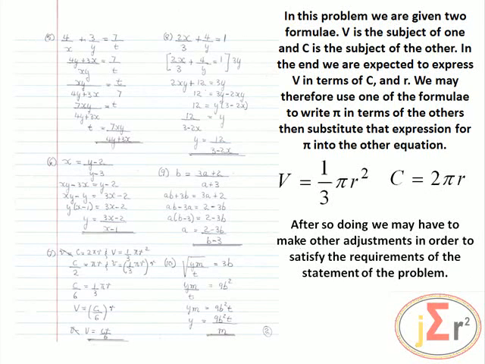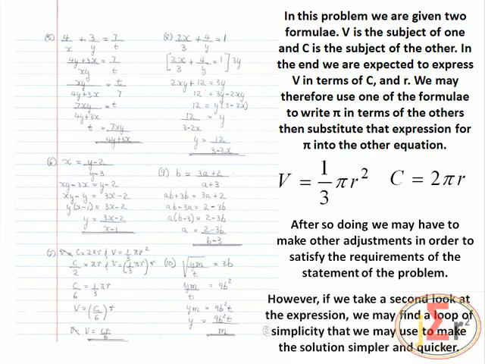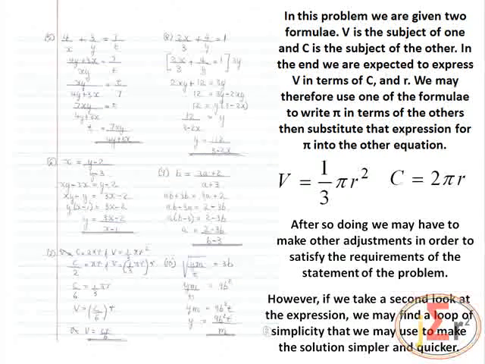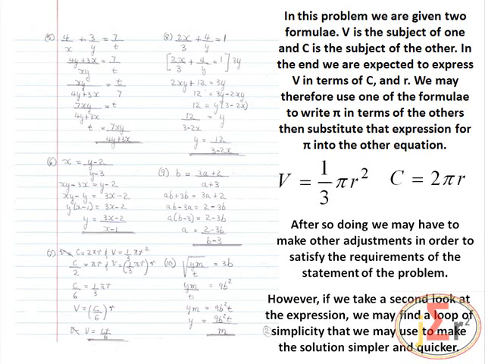That is, making V the subject, or writing it in terms of C and R. However, if we take a second look at the expression, we may find a loop of simplicity that we may use to make the solution simpler and quicker.